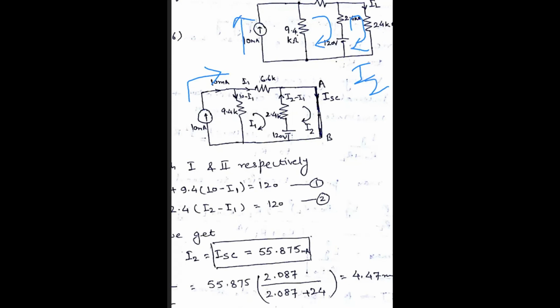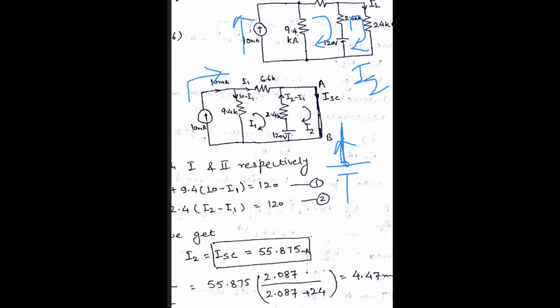Also, if we go through the polarity of the 120 volt source, we can see that this is the positive terminal, so the current will flow above. Although we can change the direction of the current, it is convenient to follow this.